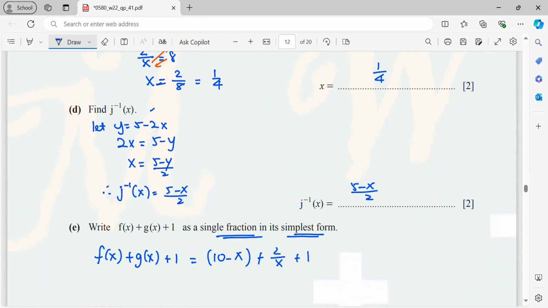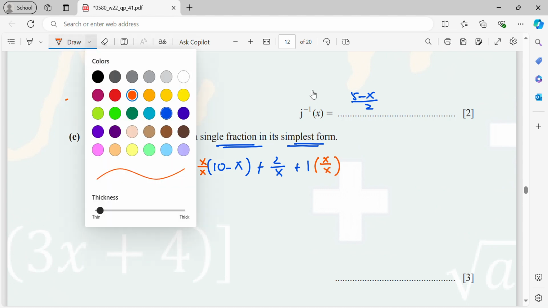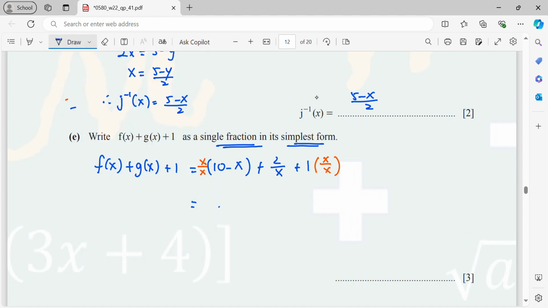Then you plus 1. Now to get a single fraction, we need the same denominator, which means the first term I need to times with x over x, so that my denominator is x, and the 1 at the back I times with x over x. Now everything is over x since they have the same denominator.